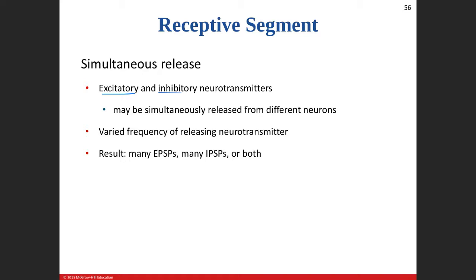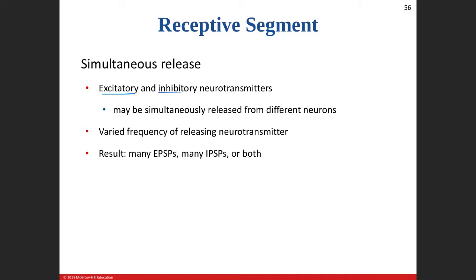But it's just like anything: you have to tally up how many EPSPs are being generated and how many IPSPs are being generated, and they cancel each other out, one for one. They're always fluctuating, trying to move that resting membrane potential either towards threshold or away from threshold.